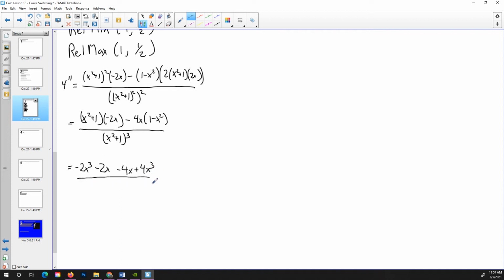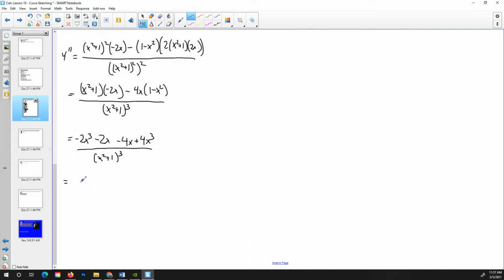And then it will stay all over x squared plus 1 to the third. And so what I'll have left, when I combine my like terms, negative 2x to the third plus 4x to the third will give me 2x to the third. And then negative 2x minus 4x will be negative 6x all over x squared plus 1 to the third.